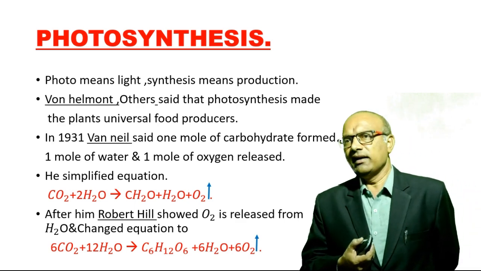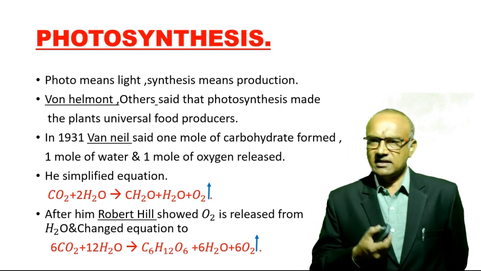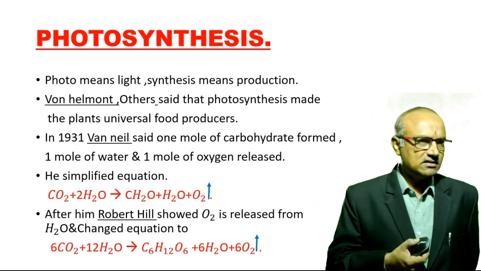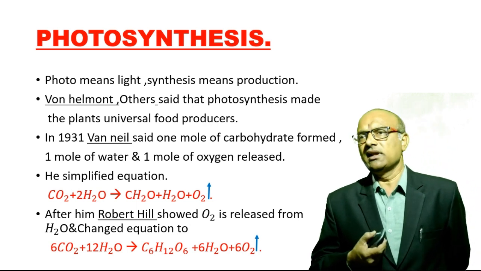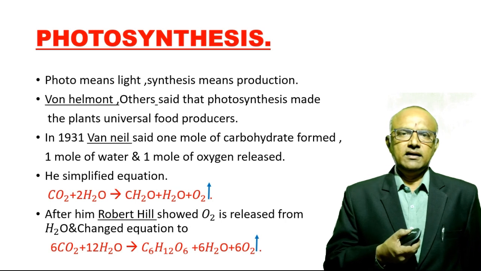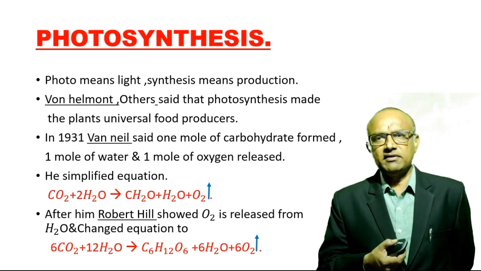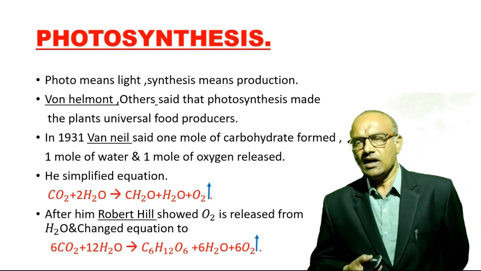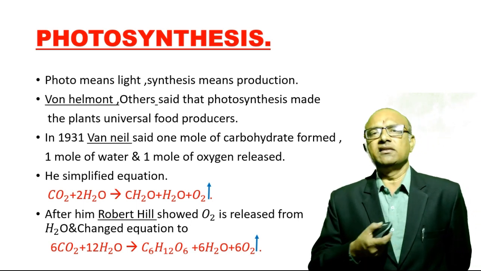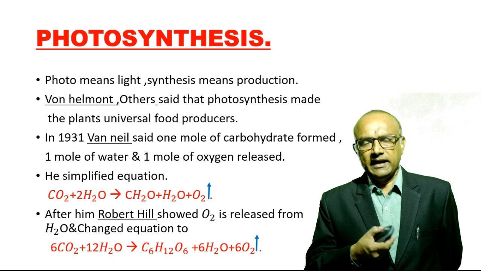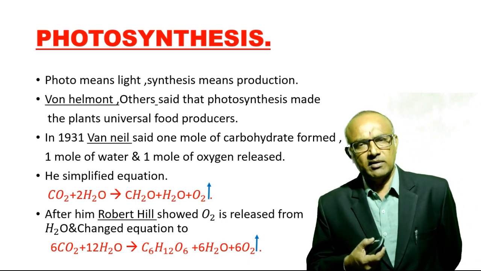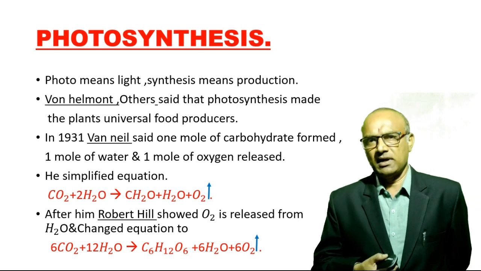After von Helmont, in the year 1936, one more famous scientist of those days, Robert Hill, proposed the complete equation for photosynthesis, utilizing water and carbon dioxide as the reactants. Not only carbon dioxide and water, there is also a requirement of sunlight and chloroplast.